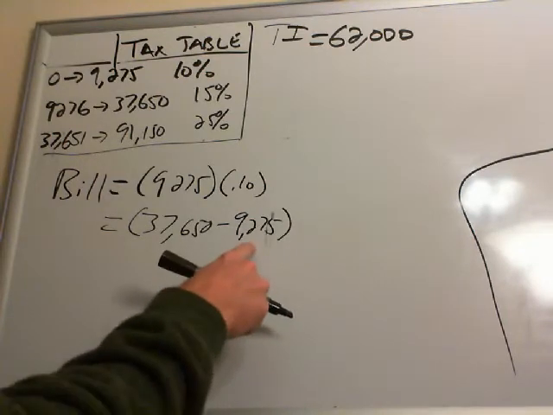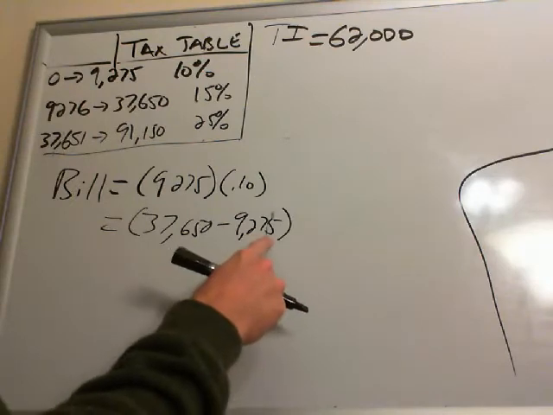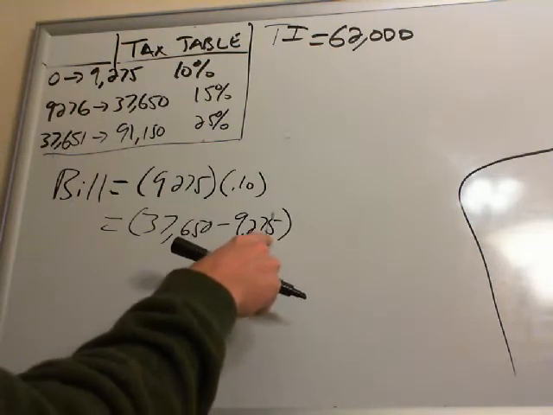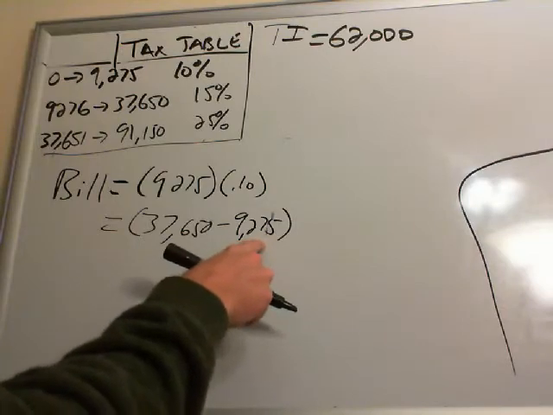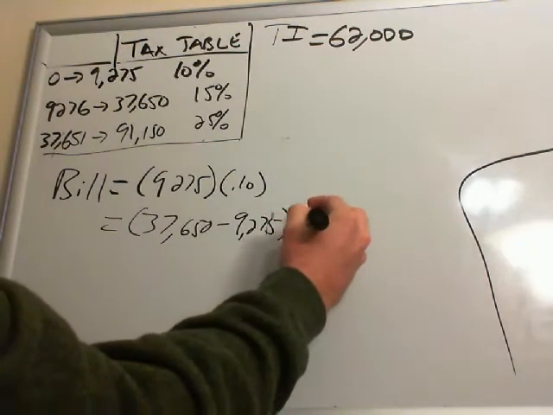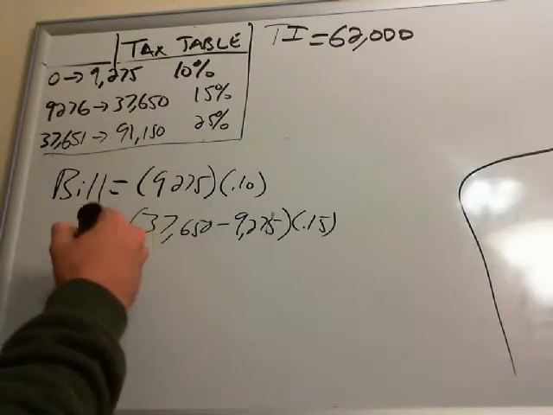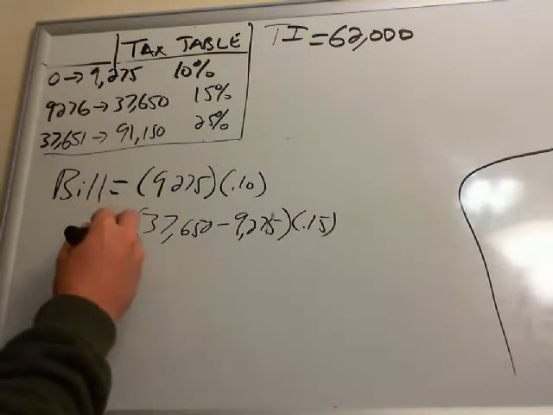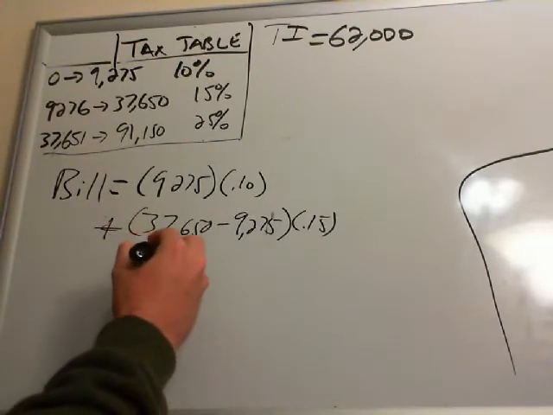What a lot of students will do is do 9,276 here, but that would be incorrect because that would leave the sixth dollar untaxed. So we need to take out the dollars that have already been taxed. And these ones get the 15% marginal tax rate. And then we need to add in the remaining dollars.